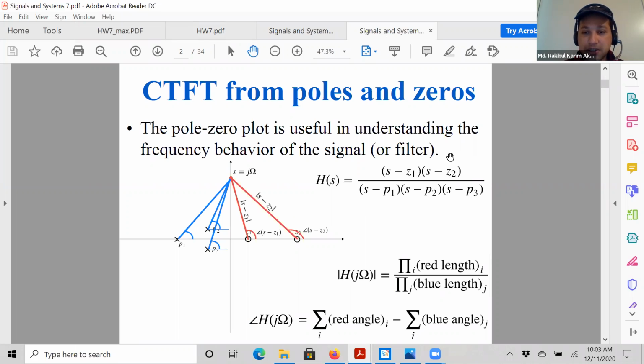So from this numerator part, you can find out the zeros, z1 and z2. And from the denominator, you can say that its poles are p1, p2, and p3. So you always need to write it in this form, s minus something.